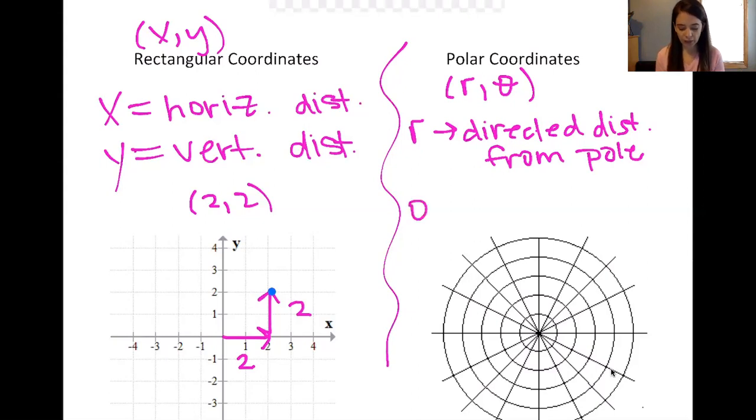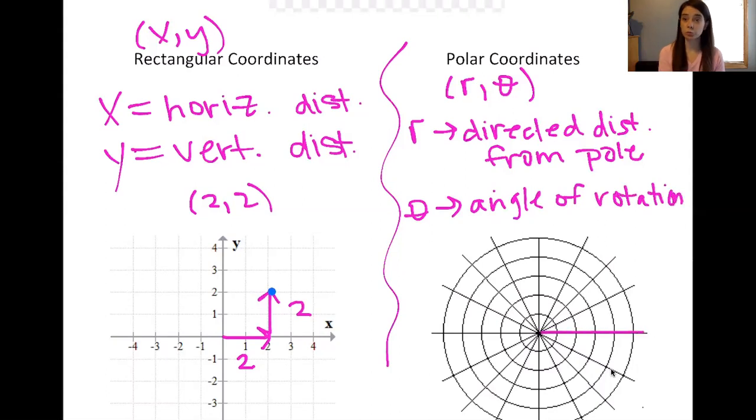Okay, and then theta is what we would consider like our directed angle, you know what, I'm going to call it instead our angle of rotation. Okay. So back in chapter 4, we worked with angles of rotation. So starting from the positive x-axis, we would rotate.